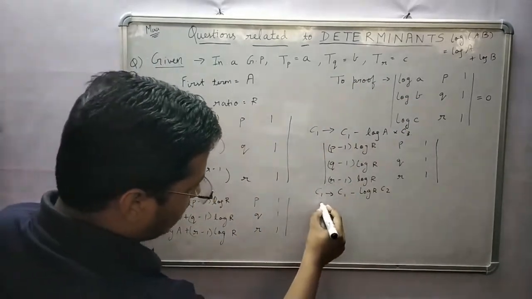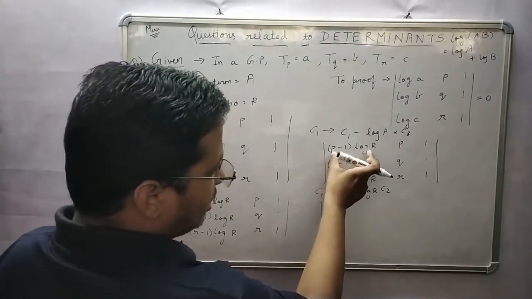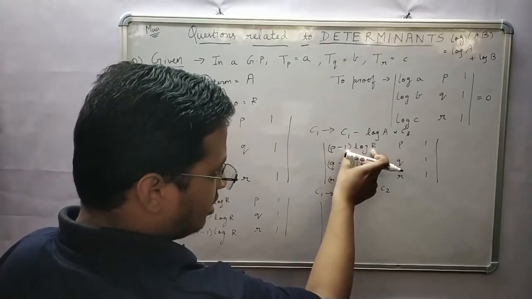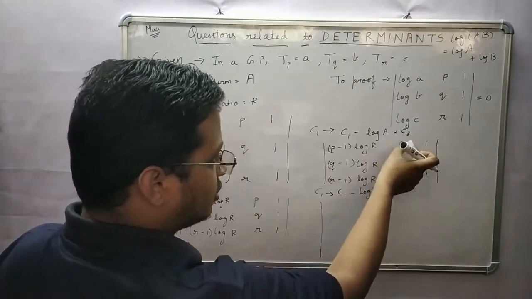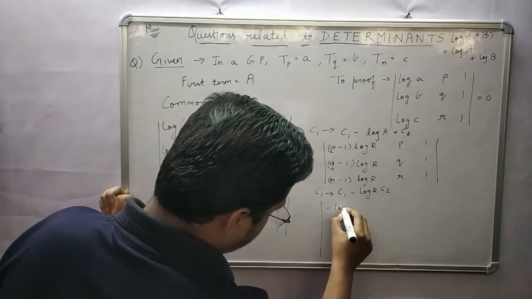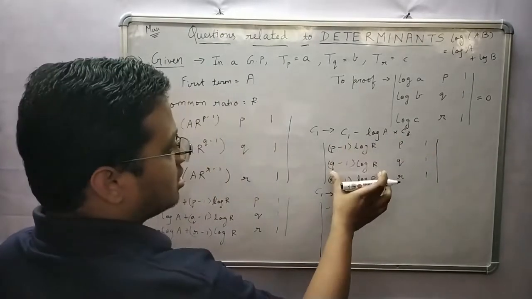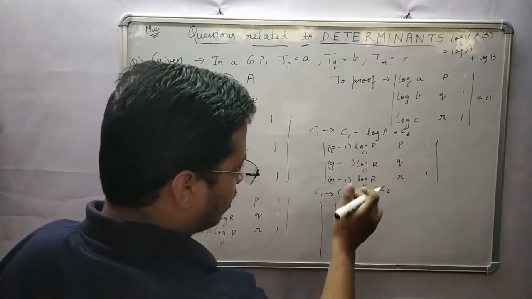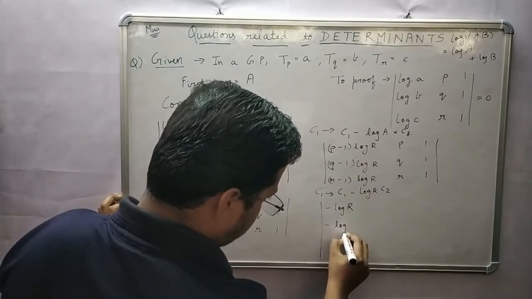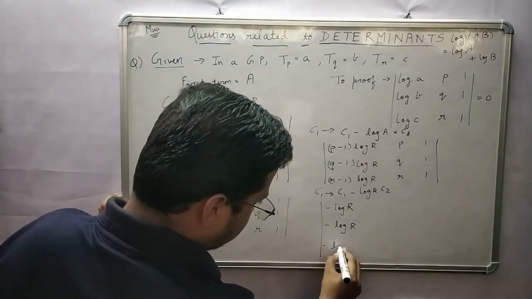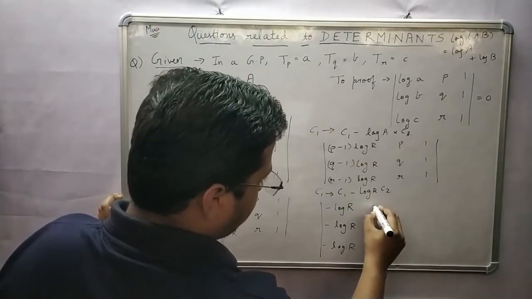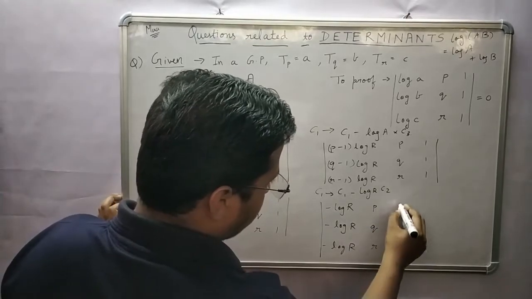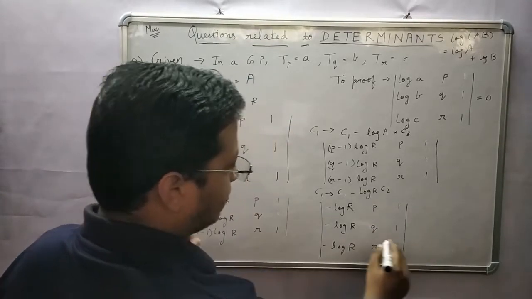So this is P log R minus log R minus P log R. So P log R will cancel and minus log R will remain. Similarly here, Q log R minus log R minus Q log R, so minus log R. Here also minus log R. P, Q, R, 1, 1, 1.